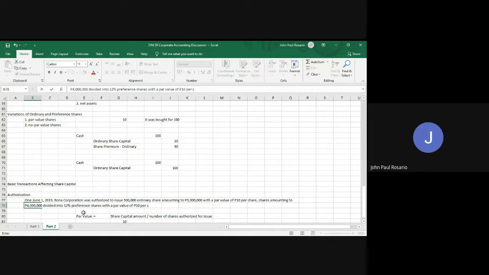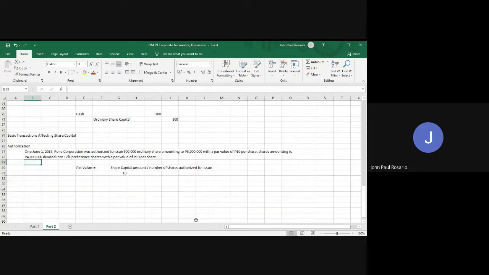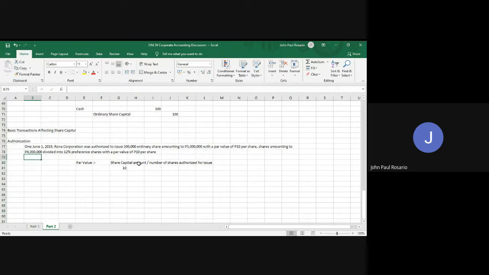So on the second one, you are still using the same formula. You know the share capital amount, but you do not know the number of shares authorized for issue. So to compute it, we transpose the formula, and the par value is transferred over here.